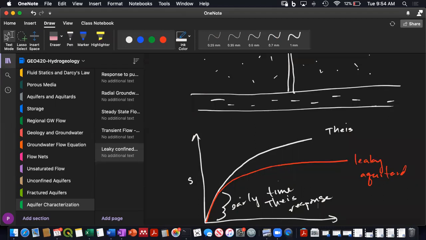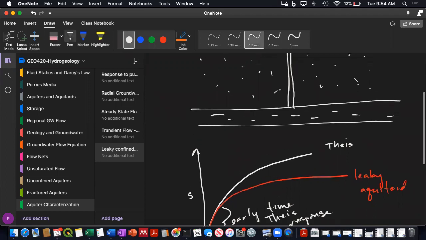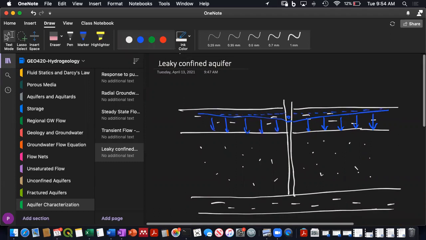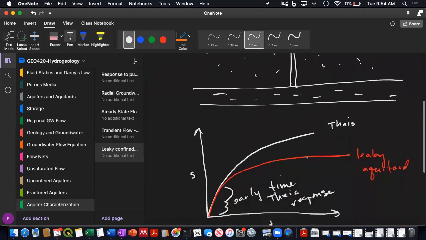So there's almost always an early time confined aquifer like response, just because that's the fastest way it can get you water. This other water here has to physically drain out of this aquitard down into the aquifer. So it takes a long time for it to get there. And it only manifests itself later in time. So this is the late time. We'd call this the steady leakage.